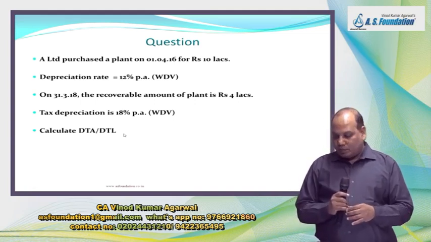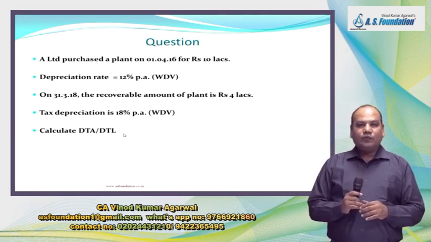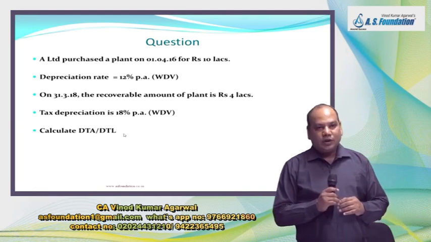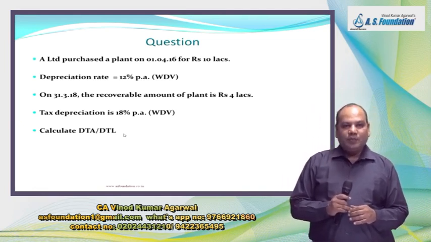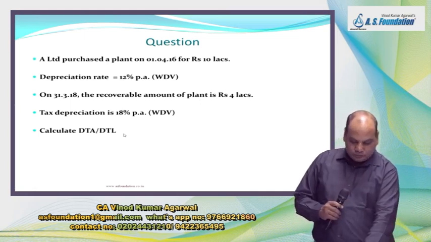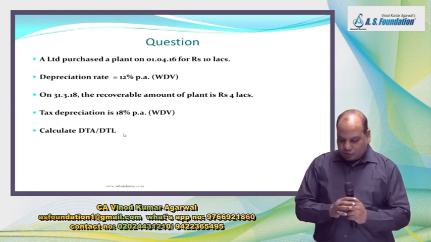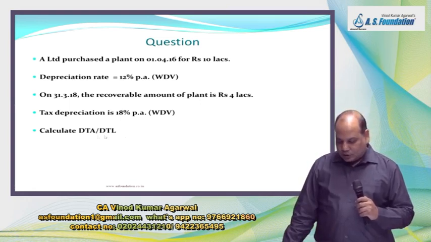The difference is impairment loss, if any. But impairment loss is not allowed for deduction under the income tax law. So then I will compare the carrying amount after providing impairment loss with the tax base. The difference will be your DTA or DTL.